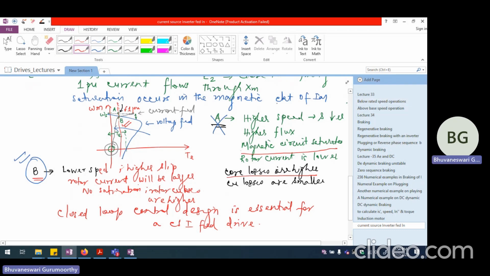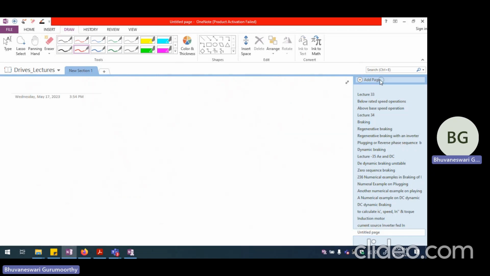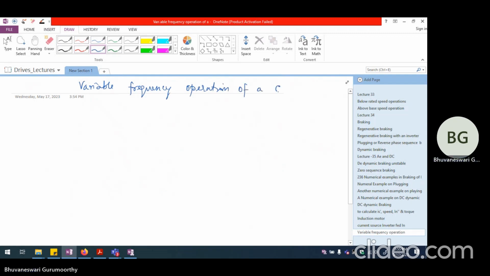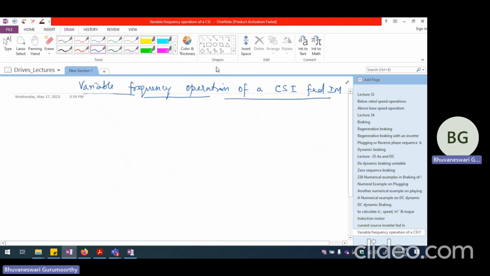We have spoken only about the CSI fed drive right now only with the particular frequency which corresponds to omega S. So let us try to look at variable frequency operation of a CSI fed induction motor drive.